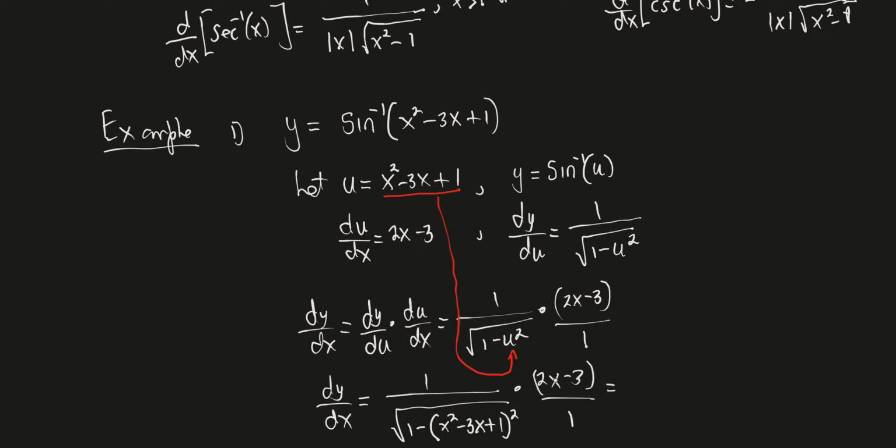So then I can write this as a single fraction with a numerator of 2x minus 3 and a denominator of the square root of 1 minus the quantity x squared minus 3x plus 1 squared.